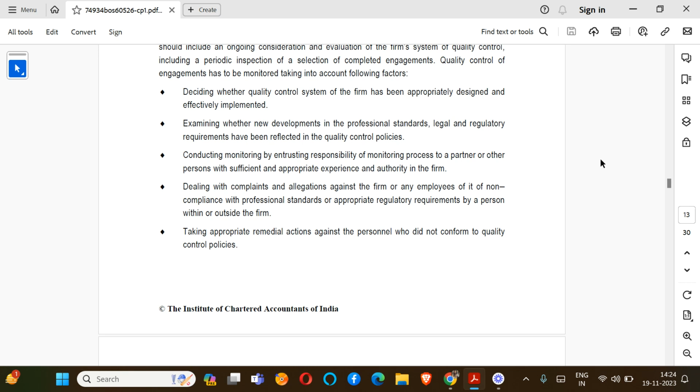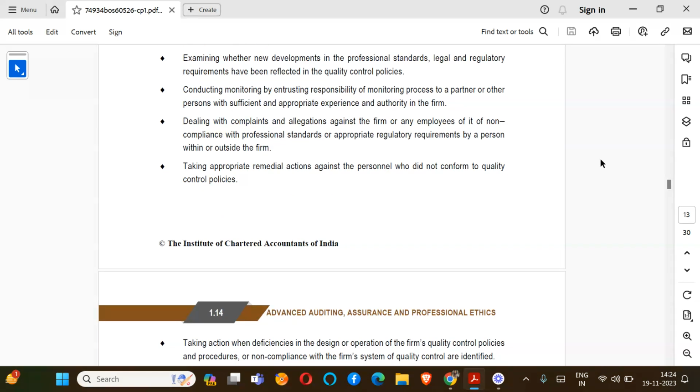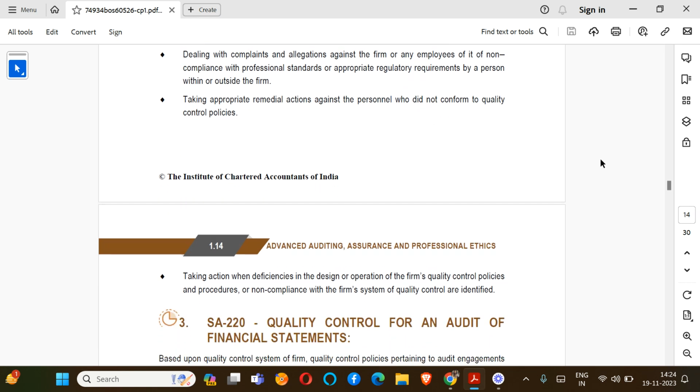This is just like controlling hota tha when we set standards, then we actually did the performance, and then we compared the two. जो भी difference था उसको we tried changing that. So that is exactly what we are going to do here as well. We will deal with any complaints, any allegations against the firm or employees for non-compliance with professional standards and the regulatory requirements.